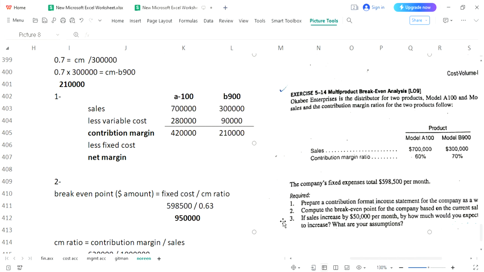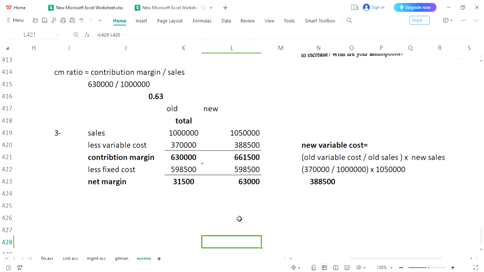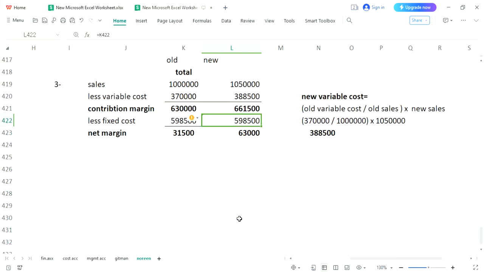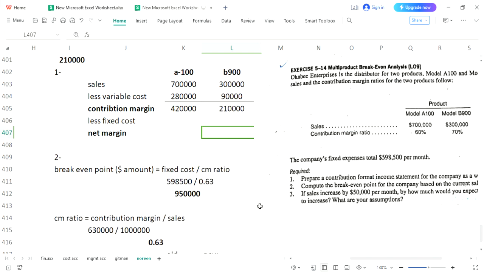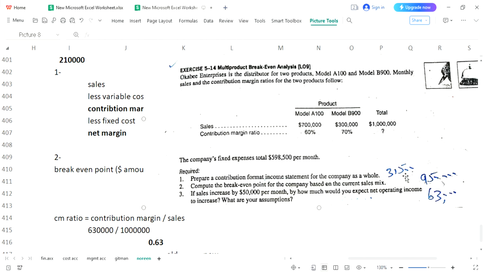Then we have calculated our third part, that was here. Net margin was calculated as 63,000, and you have checked its answer as well, 63,000. So all three parts completed. Every element regarding 5.14 is completed.